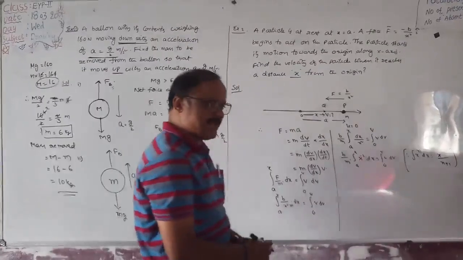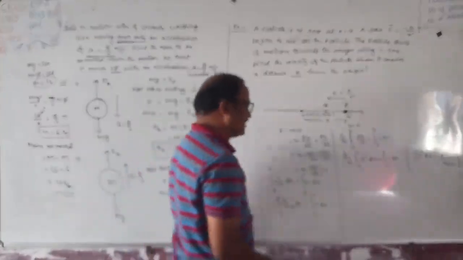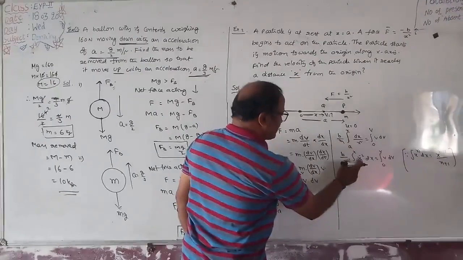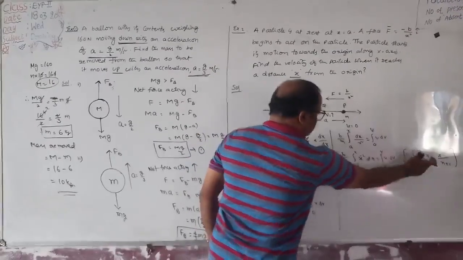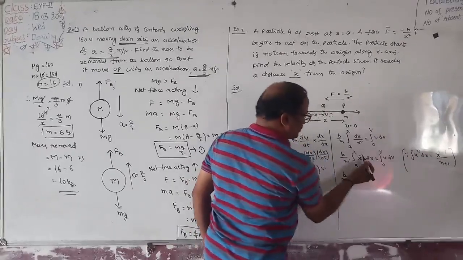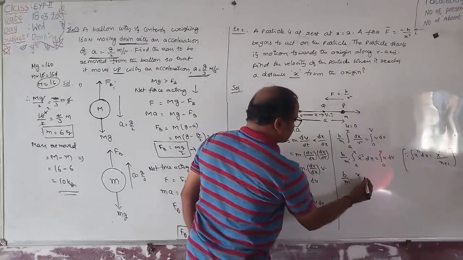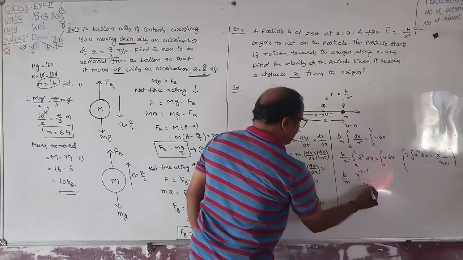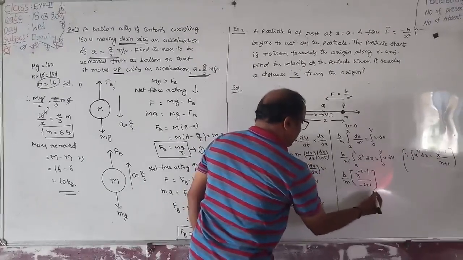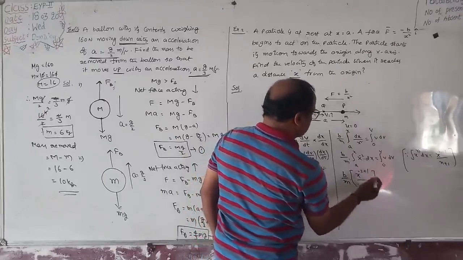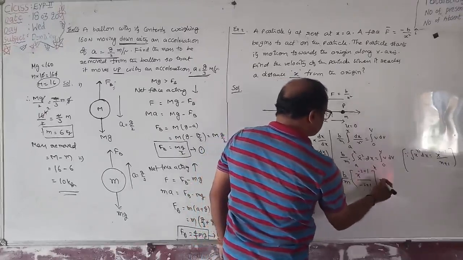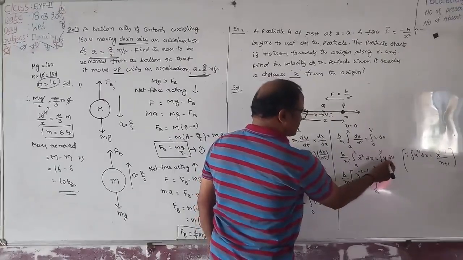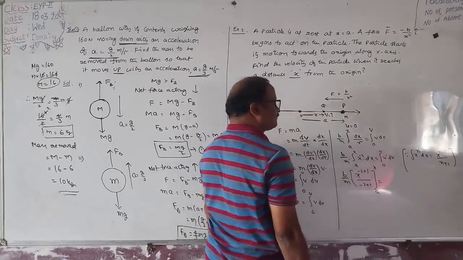Here, b by m into the integral of x power n into dx, with n equal to minus 2. That's why x power n plus 1 means x power minus 2 plus 1 by minus 2 plus 1, limits from a to x, is equal to the integral of v dv.